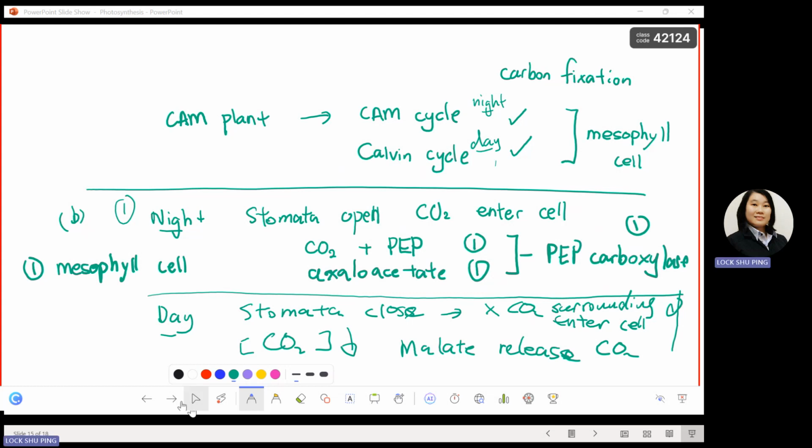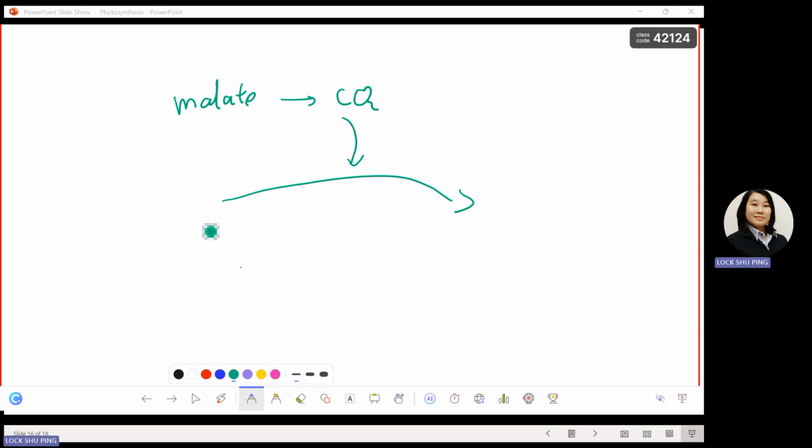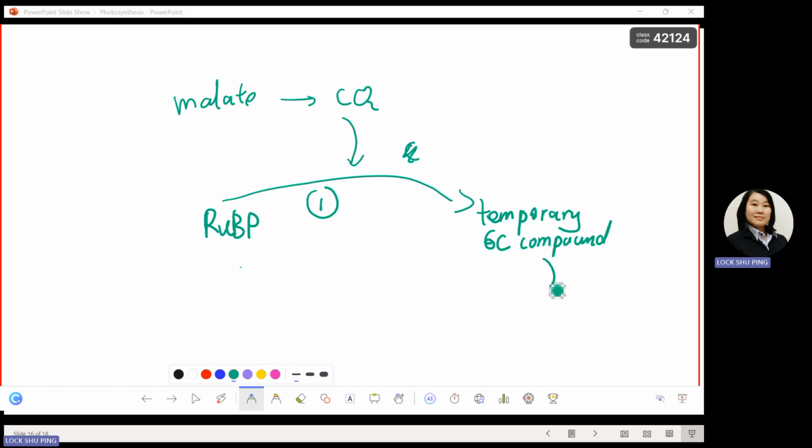Then what happens next? So once malate releases carbon dioxide, the carbon dioxide will bind with the RuBP, 1 mark, to form the temporary 6 carbon compound, which will immediately split into 2 molecules of 3-phosphoglycerate.